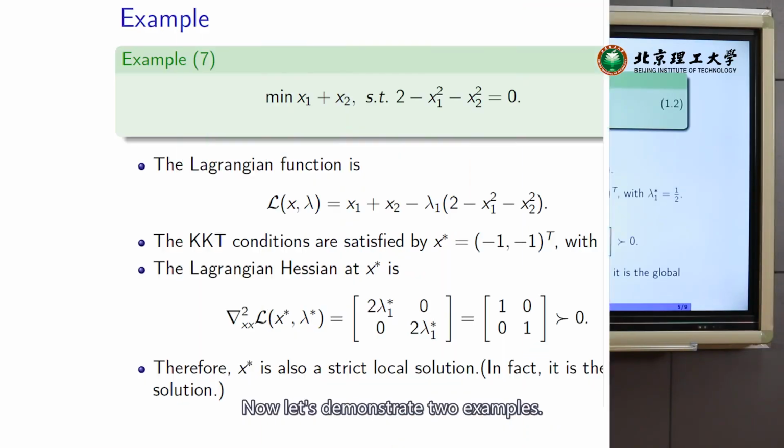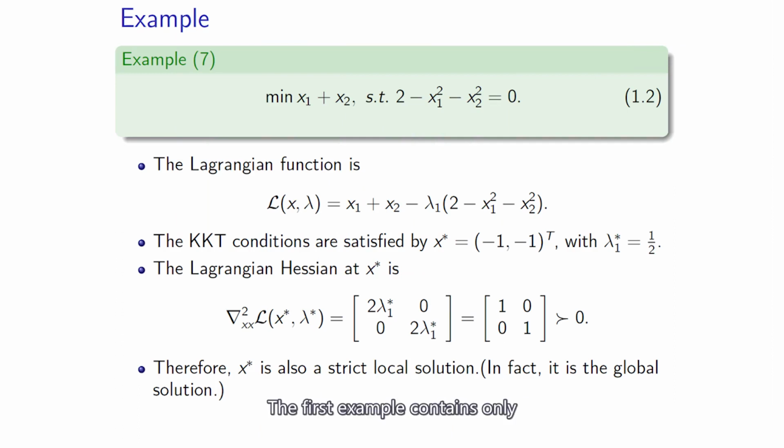Now, let's demonstrate two examples. The first example contains only one equality constraint, and the aim is to prove that one solution x star is a strict local minimizer.